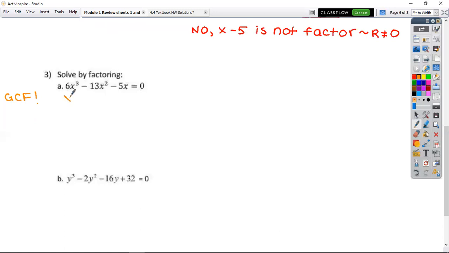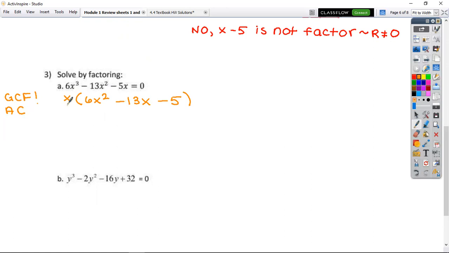So you're going to take out your x, and what remains is a 6x squared, and then minus a 13x, and minus a 5. And now you do have to apply your AC method here.